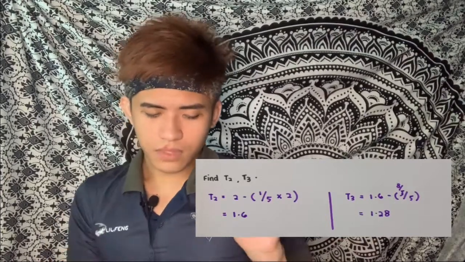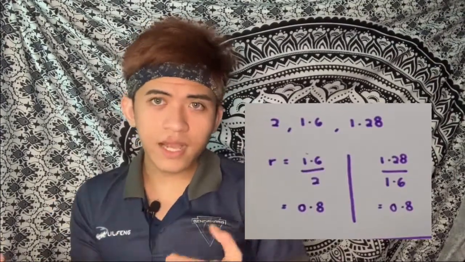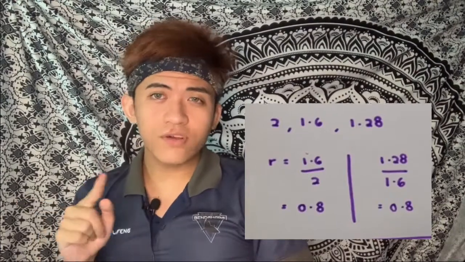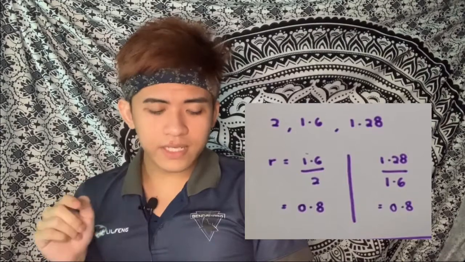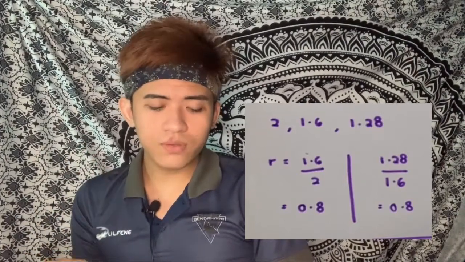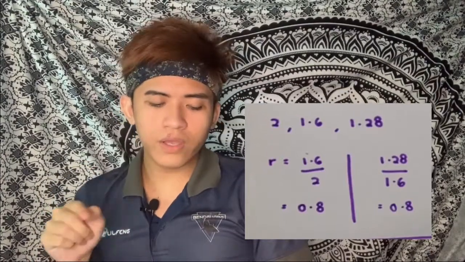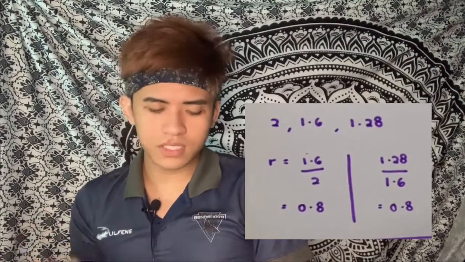So the geometric sequence here is 2, 1.6, 1.28. To find R, the formula is T2 over T1 or T3 over T2, because it's the same thing. So R is 1.6 divided by 2, equal to 0.8. To confirm, we use T3 over T2, which is 1.28 over 1.6. R is also 0.8.